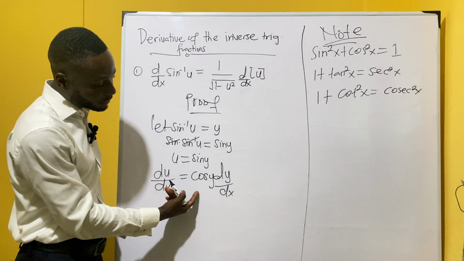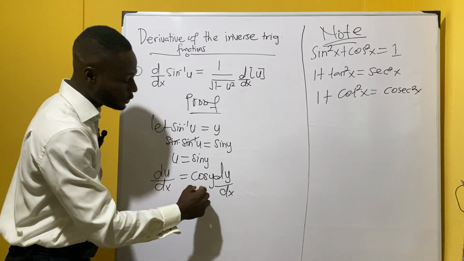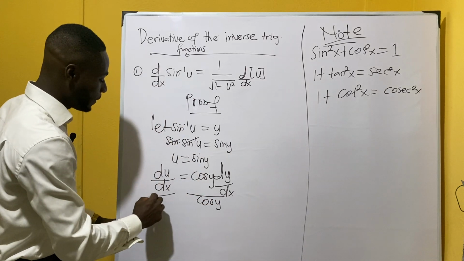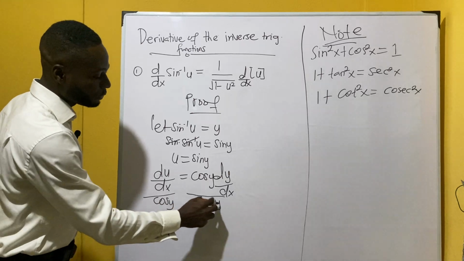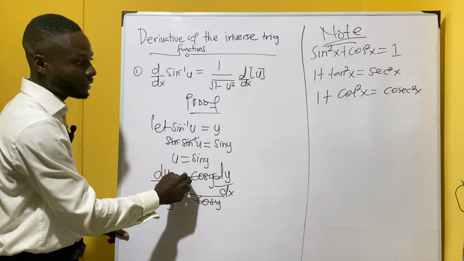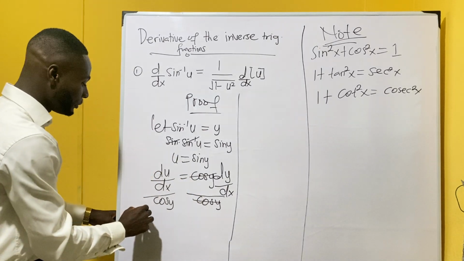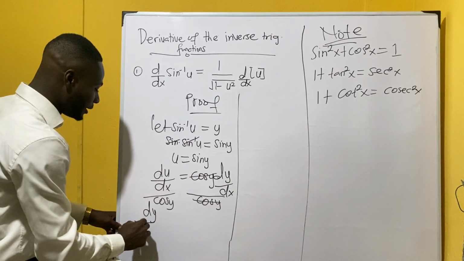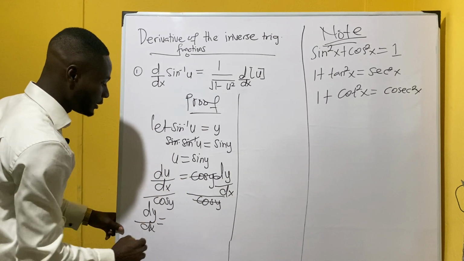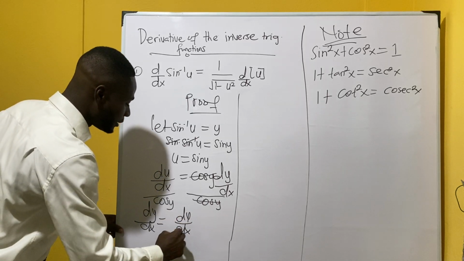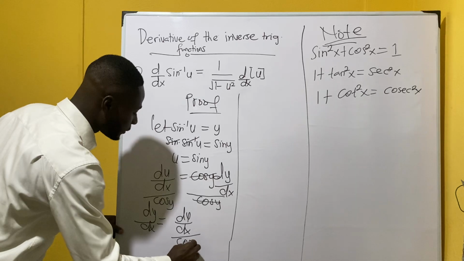Here we are interested in dy dx, so we divide through by cos y. So when we do that, we're going to have dy dx equals du over dx divided by cos y.